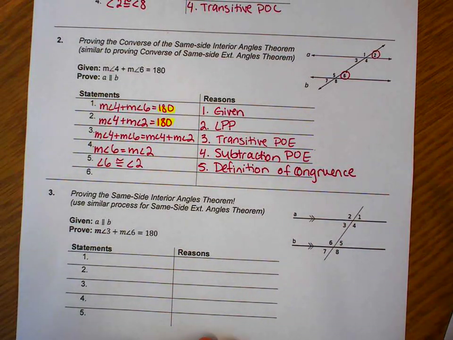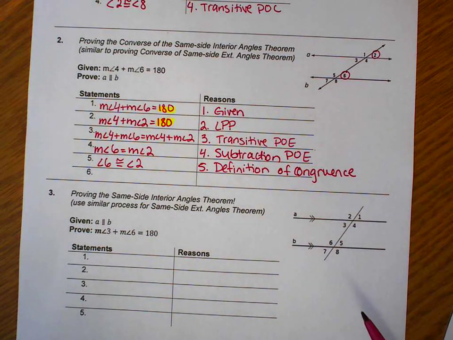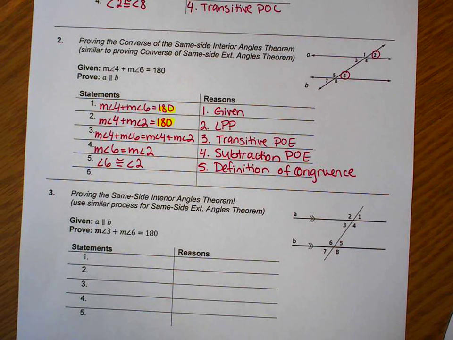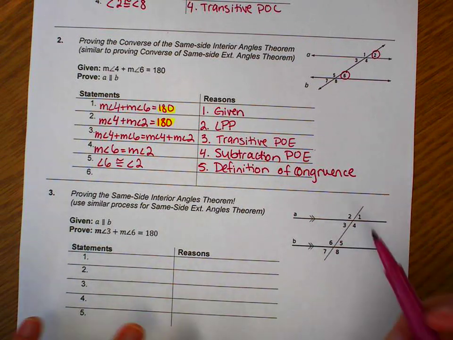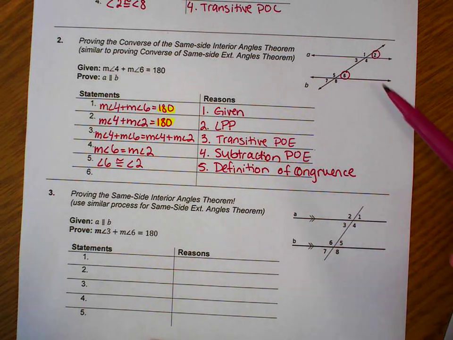So if we remember, with our conditional proof, if lines are parallel, then the angles that I can use are congruent or supplementary. But when we're using a converse, I'm saying if I have that, then my lines are parallel. So I'm trying to use the converse of the corresponding angles postulate.